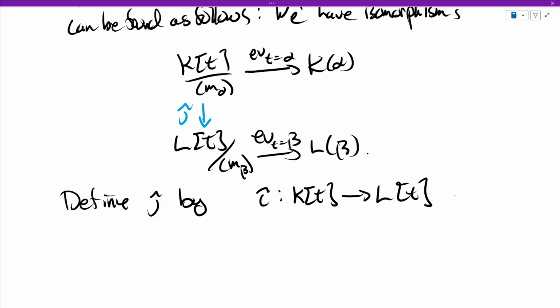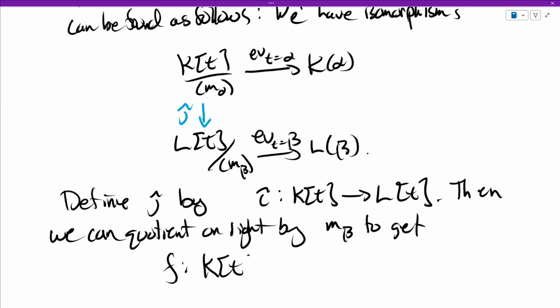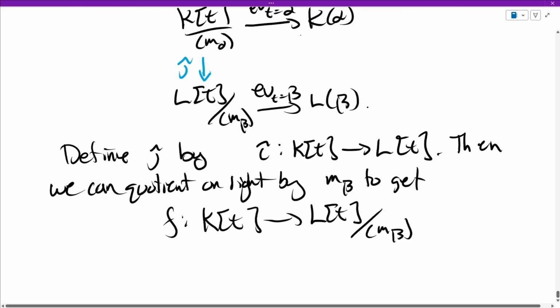What do we want J to be? Well, if we quotient now by the corresponding minimal polynomials, let's be really precise. I'm going to be super precise here. Then we can quotient on the right by M beta to get a function f from K adjoin T to L adjoin T mod M beta, where the function is do iota hat and then quotient by M beta.